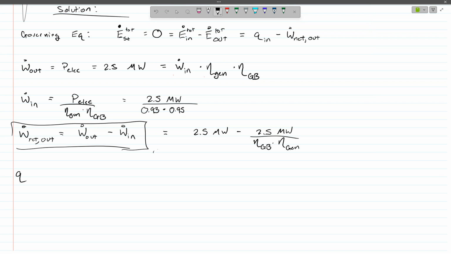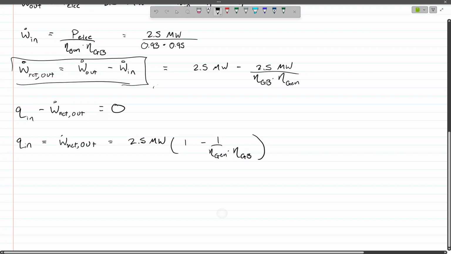So Q in then has to equal, minus net out must equal 0. Q in equal to U net out, which is going to be equal to our 2.5 megawatts times 1 minus 1 over eta gen times eta gearbox.